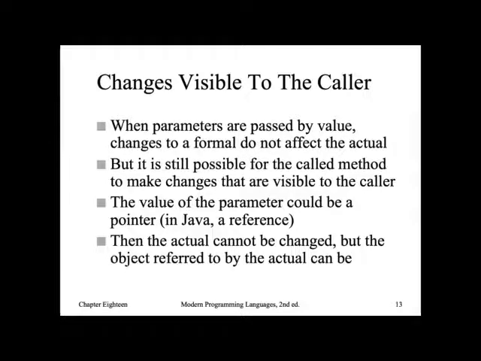But it is still possible for the called method, inside the function, to do stuff based upon what it was given. Imagine that someone hands me a, I don't know, I got a wedding announcement from a student the other day, and guess what? I didn't get the original wedding announcement.